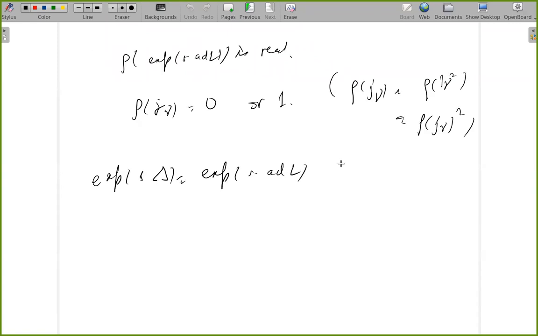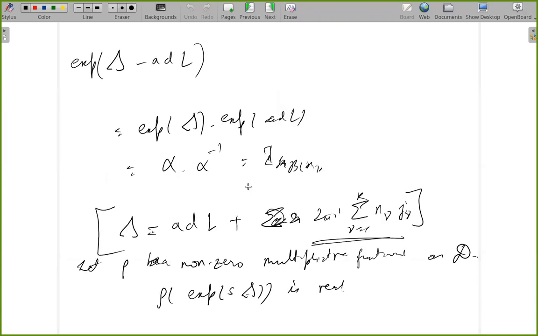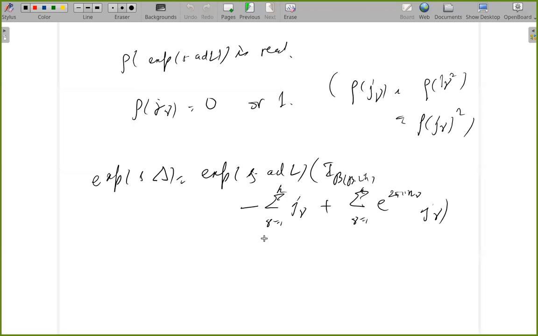So it's exp of S add L times the exponential of S times i B of H minus the summation over nu equals 1 to k of J nu, plus the summation over nu equals 1 to k of e to the 2 pi i n nu J nu. You just have to look at the power series. Anyway, it will be a multiplication of this times this. These all commute, right? Exp of S times this is exp of S times this, times exp of S times this thing. Now, how to expand this out, using the power series expansion of J and the fact that any power of J is the same as itself.